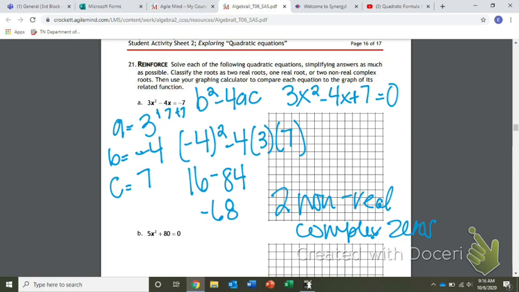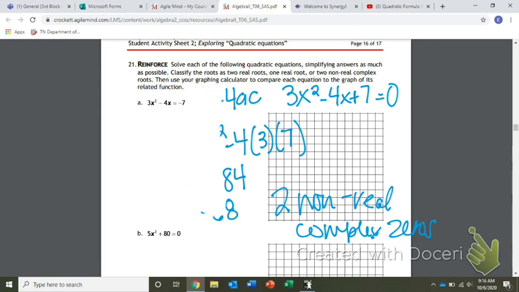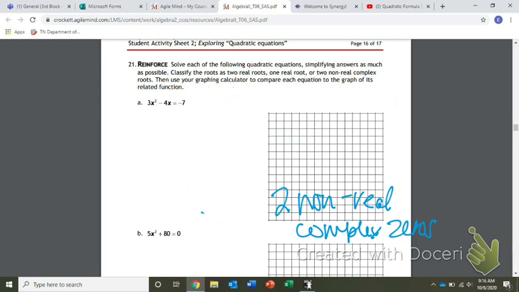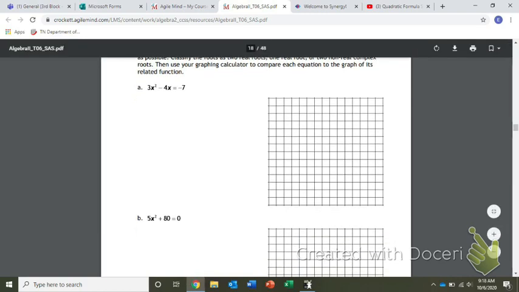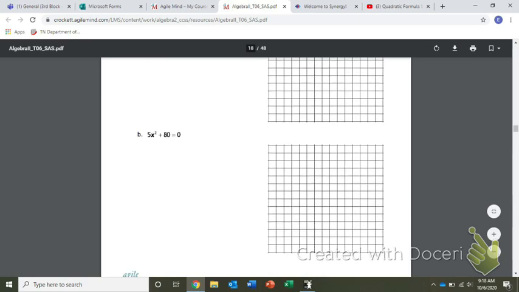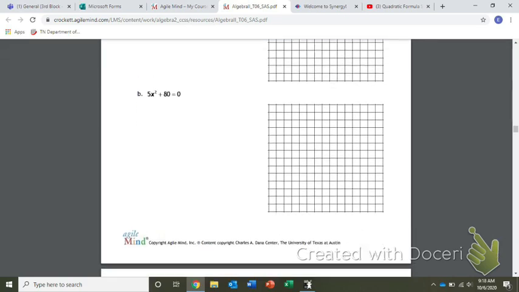All right. Now, B is the same thing. A equals, B equals, and C equals. What is the term in front of the x squared? 5.